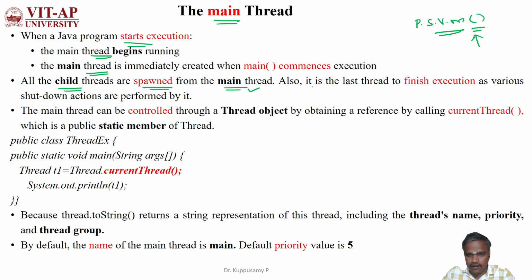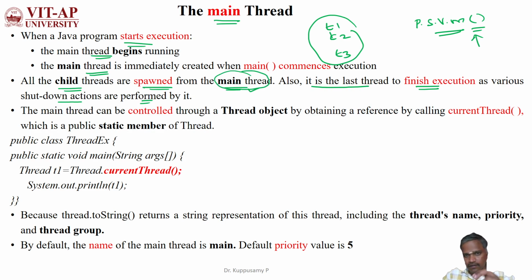Also, the main thread is the last thread to finish the execution. Yes, various shutdown actions are performed by this main thread. So suppose you are creating three threads t1, t2, t3. First these three threads will be terminated or complete their task, and only then will the main thread be terminated by the Java runtime environment.